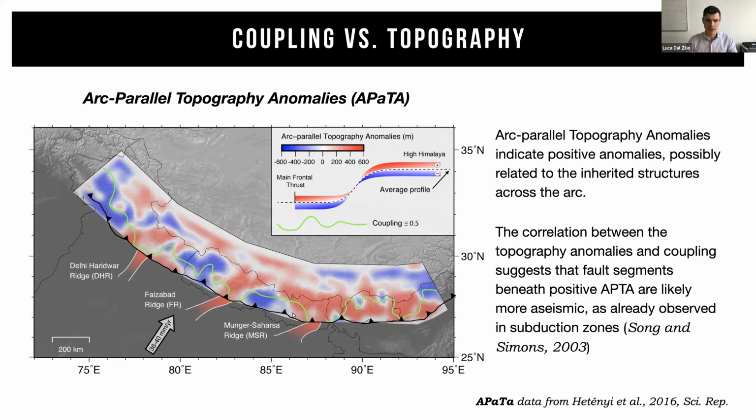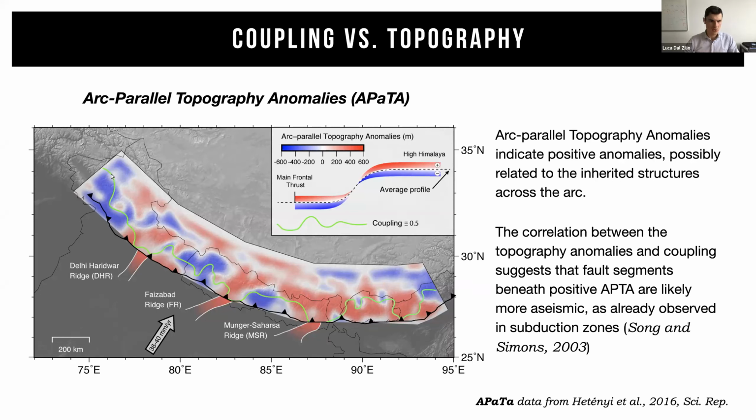This could be in the preparatory phase between large earthquakes. On the other hand, the positive anomalies of the topography seem to correlate with the regions where the fault is instead creeping, so where we have a steady creep over time and we don't accumulate significant strain to propagate large earthquakes.